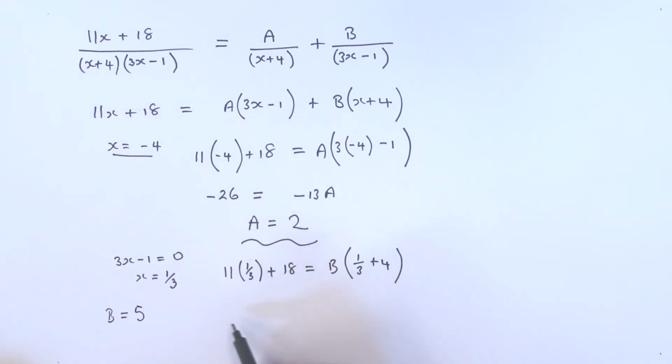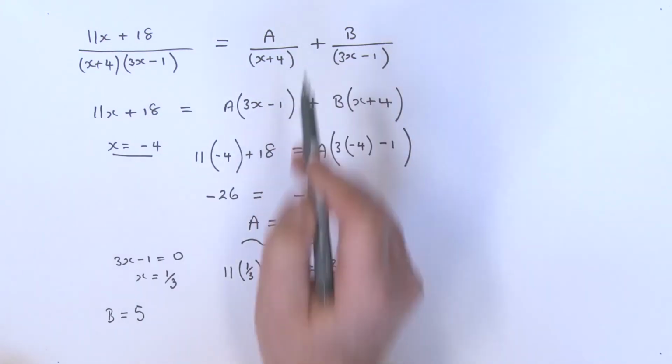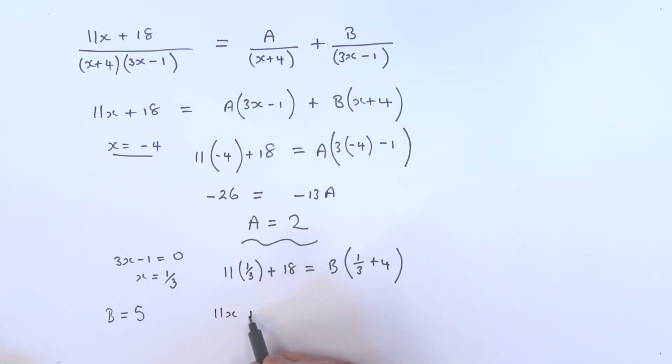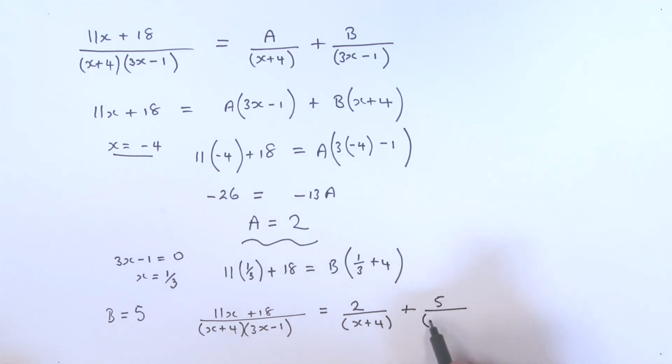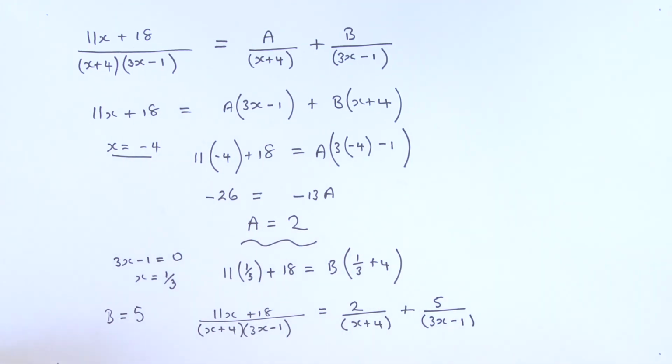And so if you remember from what we had before, this expression over here, 11x plus 18 divided by x plus 4 times 3x minus 1, is now equal to a, which is 2 over x plus 4, plus b, which is 5 over 3x minus 1. And you can compare that to what we started off with at the beginning of the first module on partial fractions.